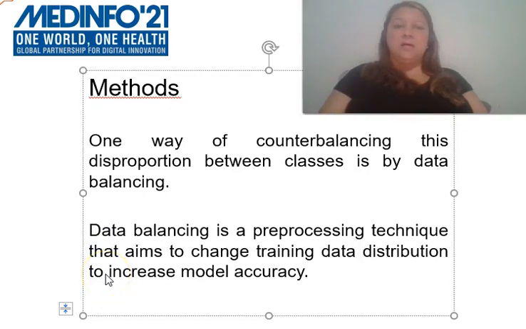One way of counterbalancing this proportion between classes is data balancing. Data balancing is a processing technique that aims to change the training data distribution to increase model accuracy.